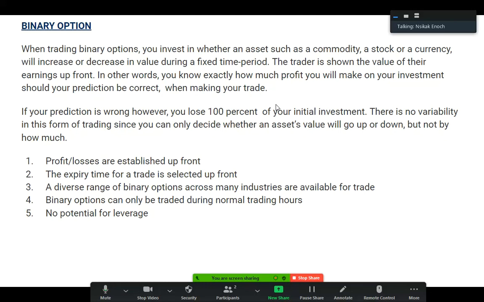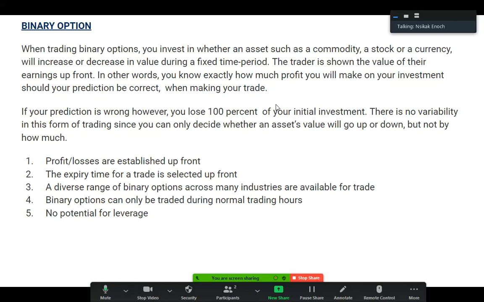If your prediction is wrong, however, you lose 100% of your initial investment. There's no variability in this form of trading since you can only decide whether the asset value will go up or down, but not by how much.